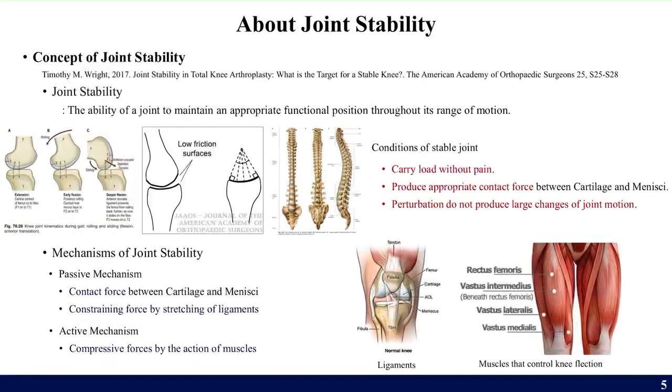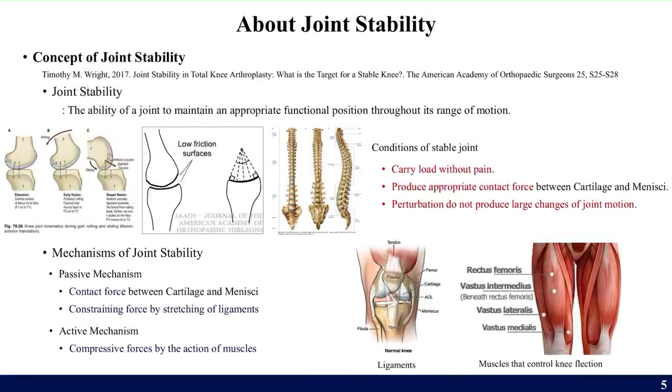And then what is the joint stability? The definition of the joint stability is its ability to produce the appropriate functional position throughout its range of the motion. There are three conditions of the stable joint. The one is the joint should carry the load without any pain.